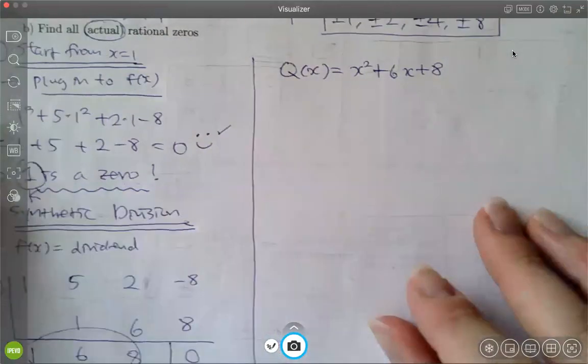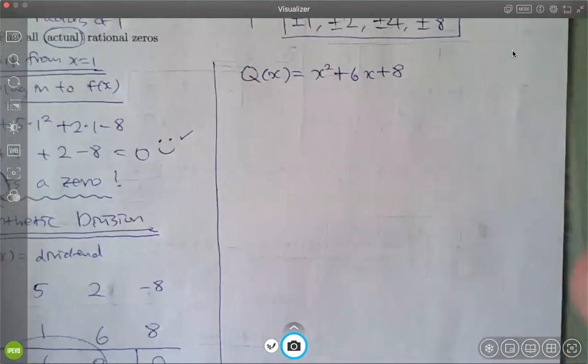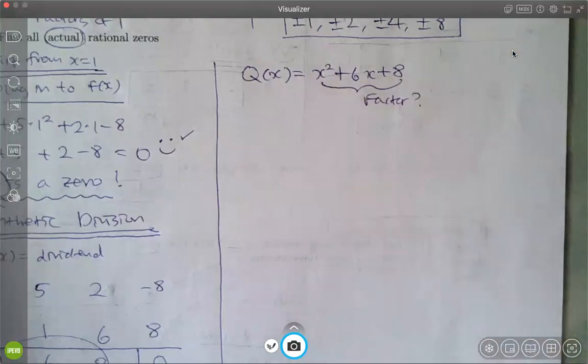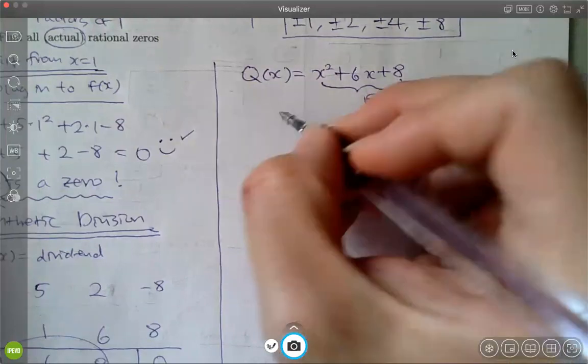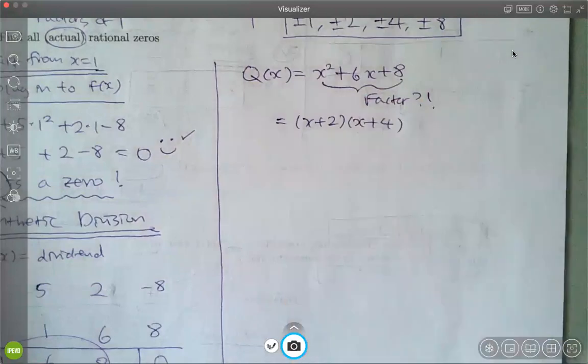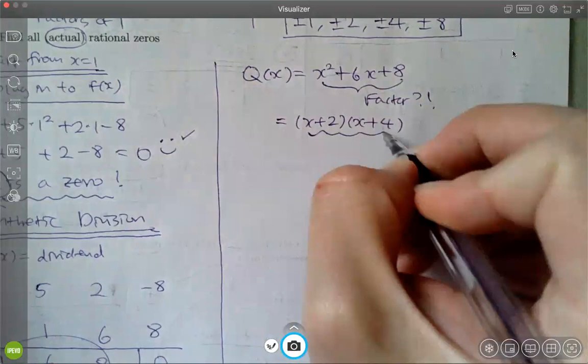This is a quadratic expression, so can we factor this? Oh yes. So what do we get? x plus 2, x plus 4. Now what do we do?